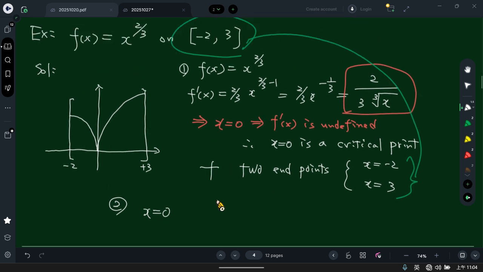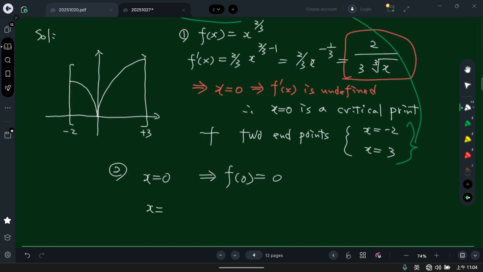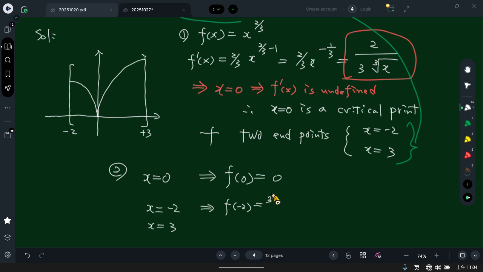So if s is equal to 0, then f of 0 is 0, right? For the two endpoints, s is equal to -2 and s is equal to 3, we get f of -2 should be the third root of 4, then f of 3 is the third root of 9.